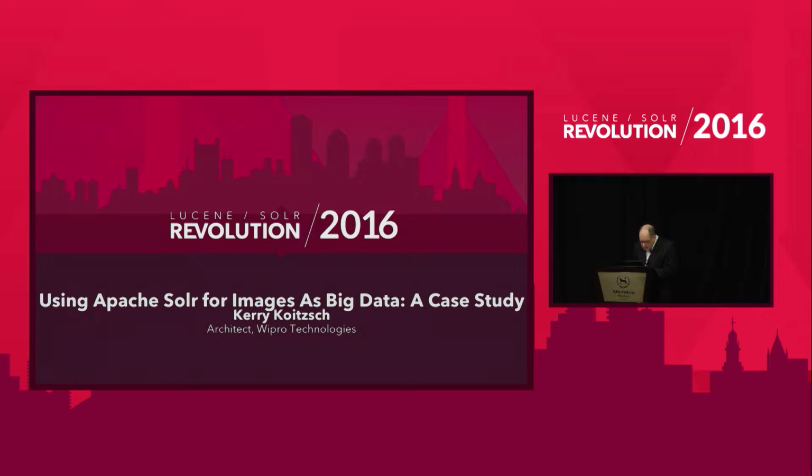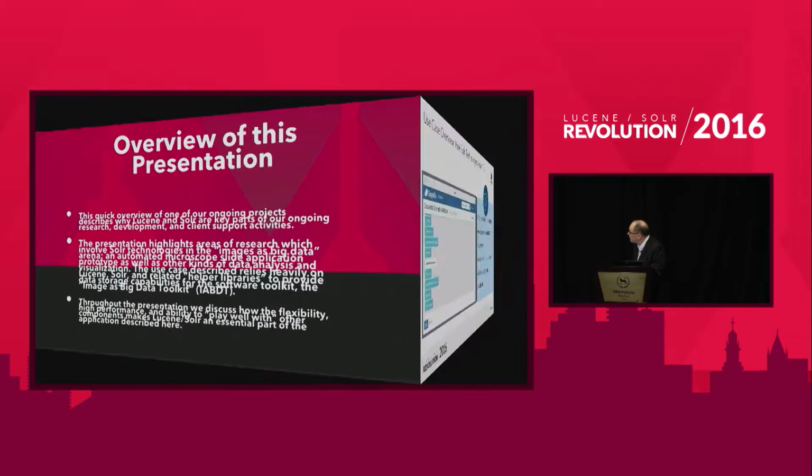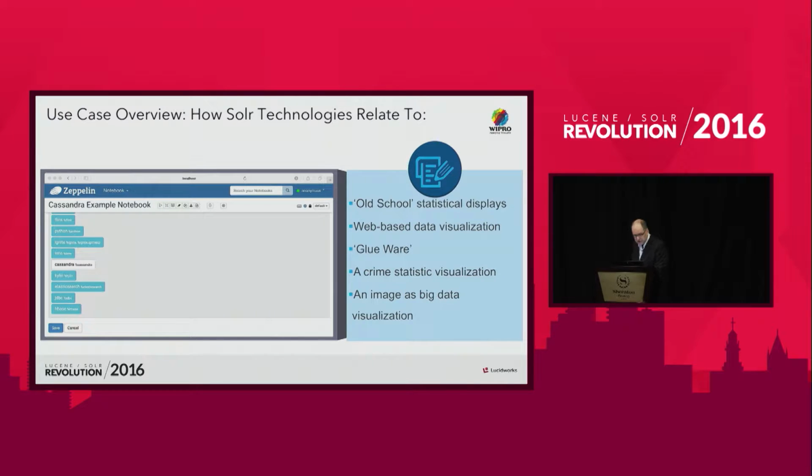So with that, let's go on for the overview, and we'll turn to the first thing, which was trying to set our initial objectives when developing this toolkit, Images as Big Data Toolkit. And the first thing we realized is we had aspirations. We aspired to doing a few things.